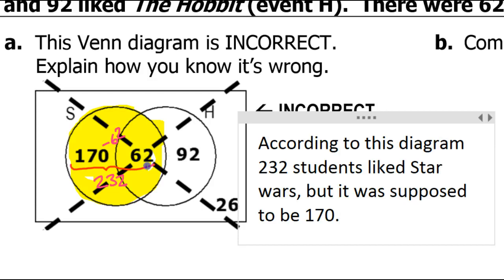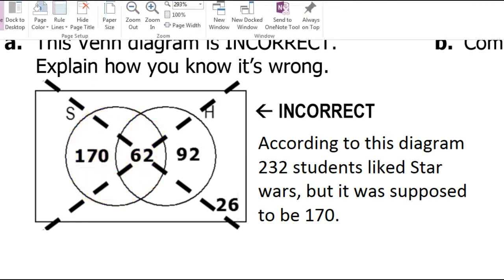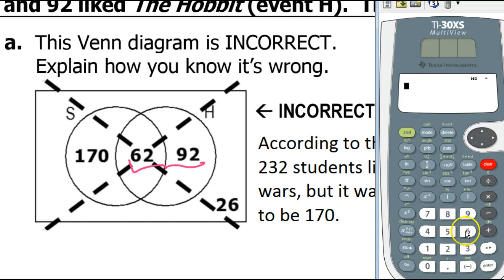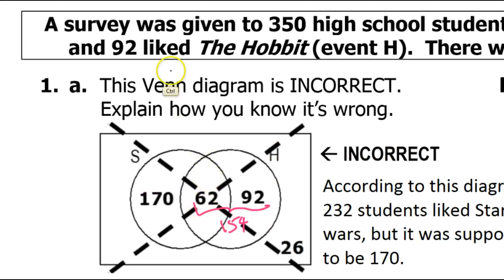Okay, we could have made a similar statement about the number of students who liked The Hobbit. Because according to this incorrect diagram, this many students like The Hobbit. What's that, 62 plus 92? That's 154. But according to the survey, that should be 92.